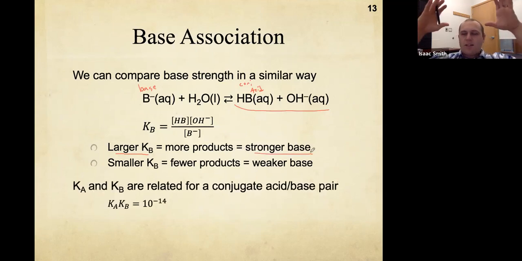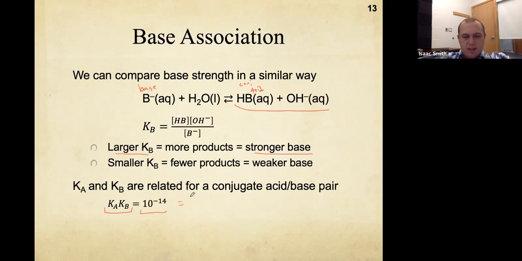You're often only given Ka, and so there is a relationship between Ka and Kb, and that is Ka and Kb of a conjugate acid-base pair. And we'll talk about that in a sec. But the relationship is Ka and Kb for any given conjugate acid-base pair is going to equal 10 to the negative 14, and that's just a number that we need to know.